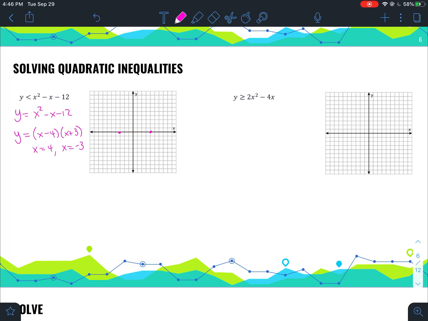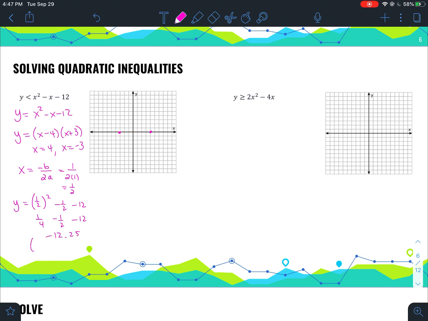And then if I want to find the vertex of the parabola, remember the x-coordinate is the opposite of b over 2a. And so my vertex is going to be at 1 over 2 times 1. So the x-coordinate of my vertex is 1/2. And then the y-coordinate is going to be 1/2 squared minus 1/2 minus 12, which would be 1/4 minus 1/2 minus 12, which is going to be negative 12.25.